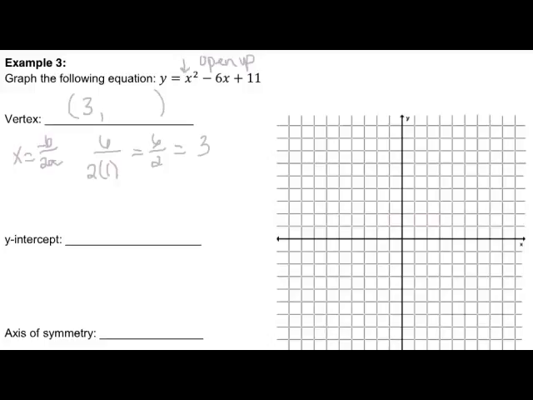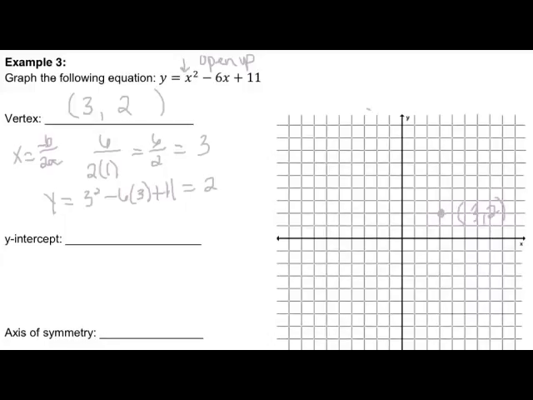Again, to find the y value, we're just plugging back into our formula. So y equals 3 squared minus 6 times 3 plus 11. Plug that into your calculator, and y equals 2. So our vertex is (3, 2). Next, we're going to find our y-intercept.